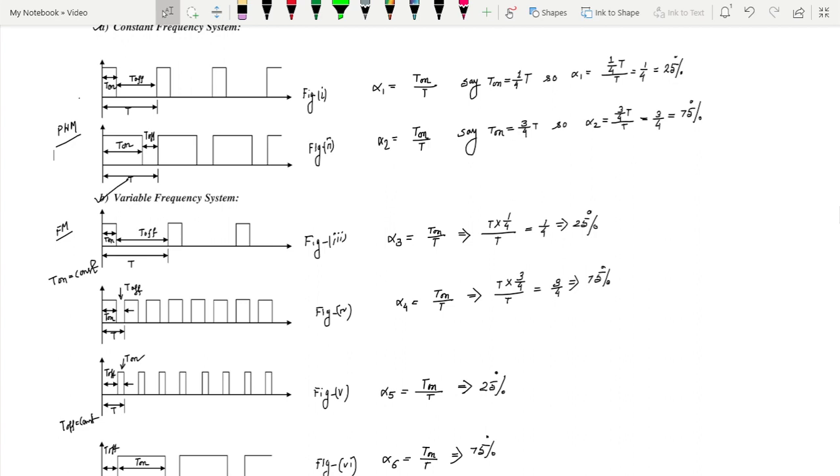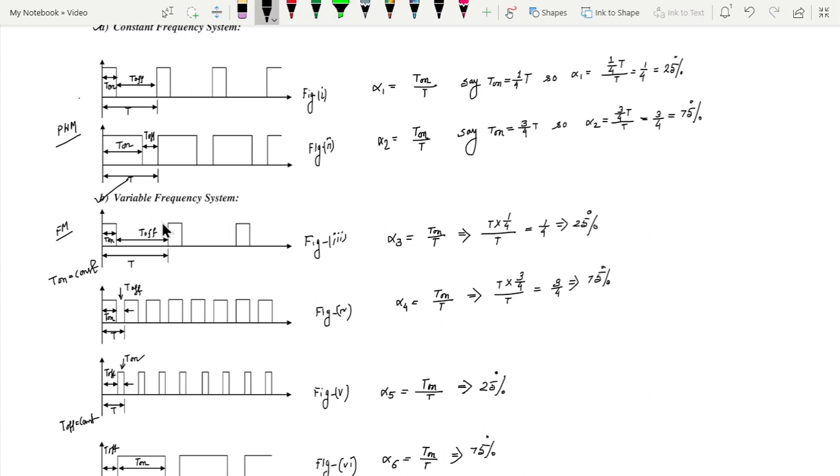And third, when we are varying the frequency, there are high chances that the off time is much more. So high chances the system may be turned off. Off period is more, which is undesirable. So frequency modulation is not good for us. Pulse width modulation is good.